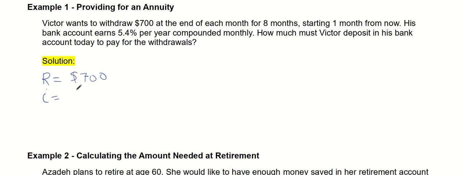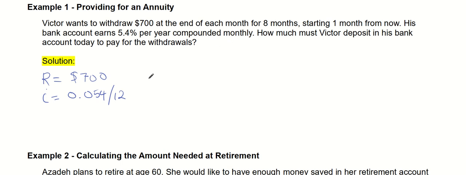There are 12 months in a year. So we're going to write down 0.054, because that is the percentage in decimal form, divided by 12, because it's given per year but compounded monthly.